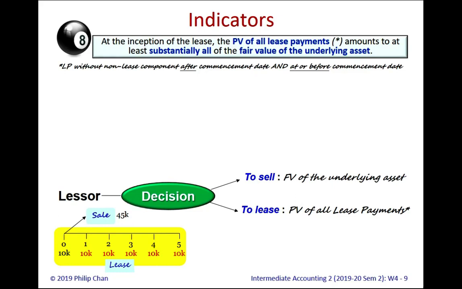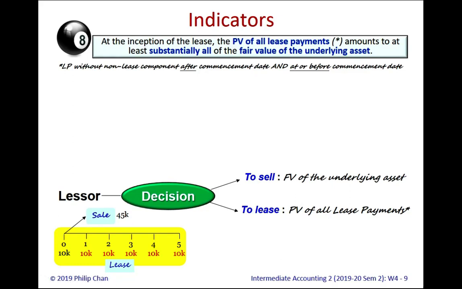So why were they comparing these two numbers? Let's look at the diagram at the bottom. This is a simple technique helping you to understand why they compared these two numbers. And you've learned this technique from management accounting: a decision between selling an asset, which is the fair value of the underlying asset, versus the present value of all the lease payments, which means to lease it.